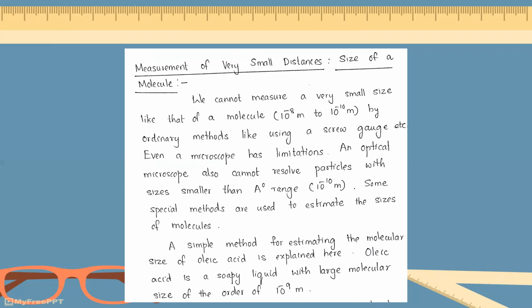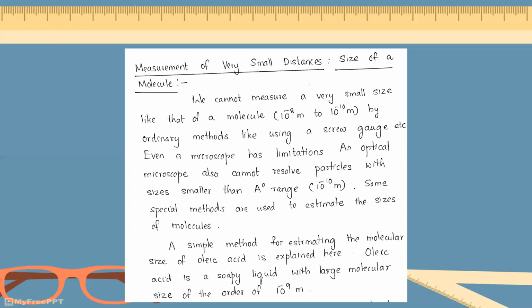For that, special types of apparatus and equipment are available. We cannot measure a very small size like that of a molecule by ordinary methods like using an ordinary meter scale or screw gauge or vernier calipers.